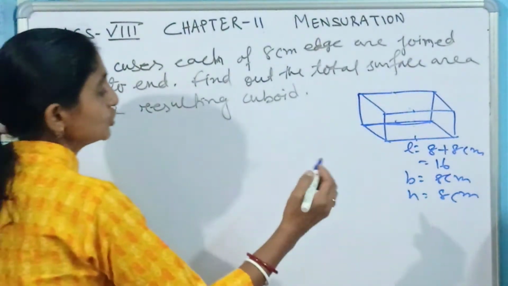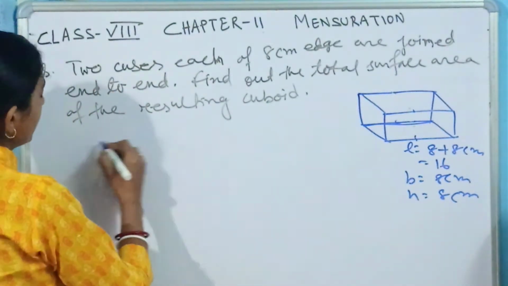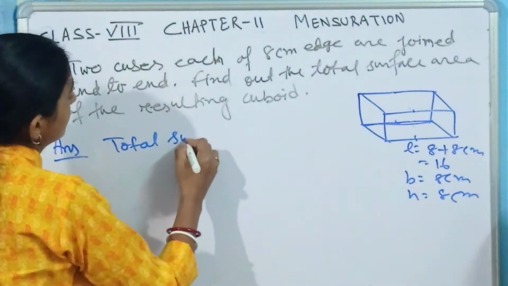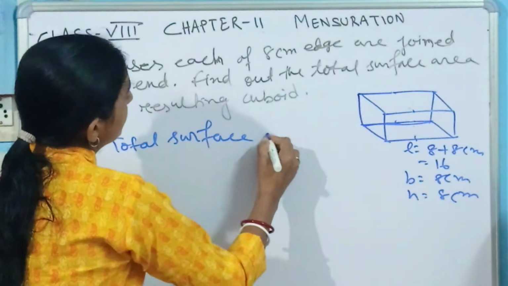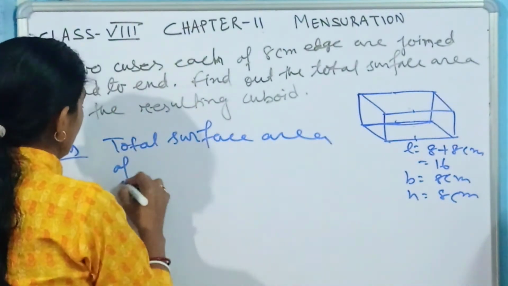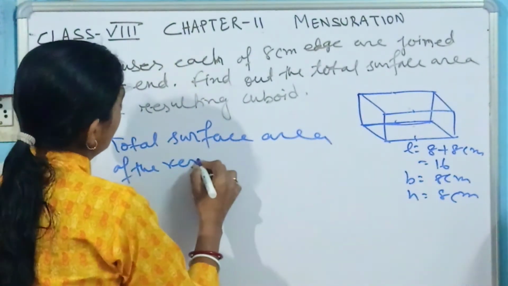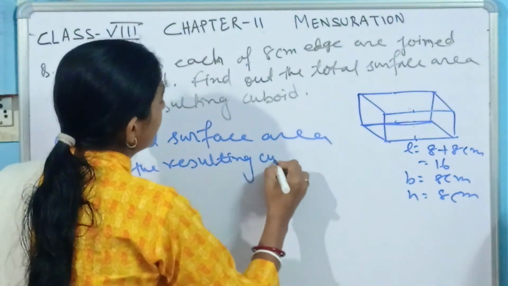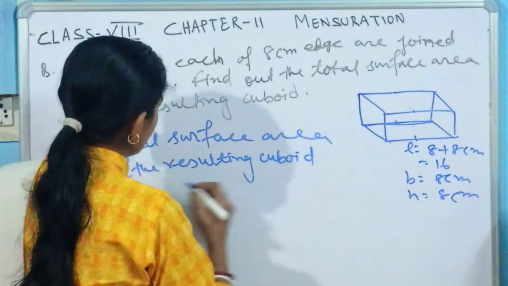Let's come to the total surface area of this resulting cuboid. As we know the formula, what can we write? The total surface area of the resulting cuboid is equal to what?